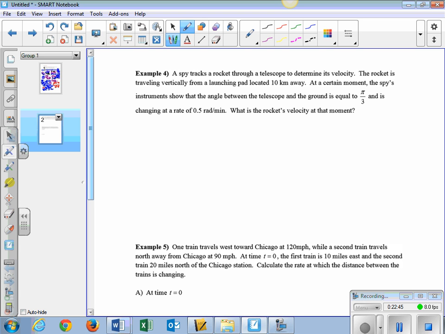Okay, so I have a spy who tracks a rocket through a telescope, and we have an angle between the telescope and the ground. The telescope is right on the ground, so there's no height to that telescope. I'm thinking about a right triangle here again. Here's my theta value. I also know how far away the spy is from the rocket launch.